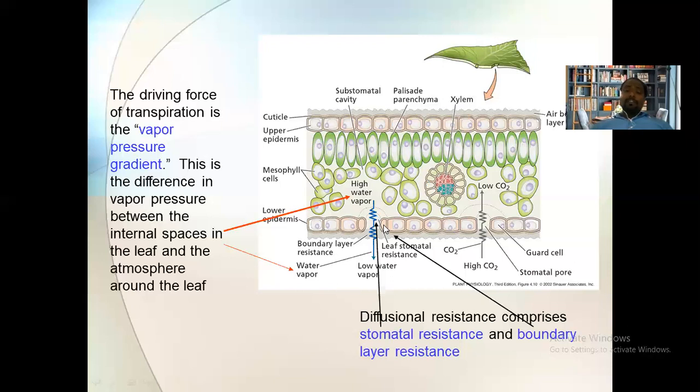These are the intercellular spaces which are near to the stomata, or the pores on the epidermis. And this stomata is covered by two guard cells.